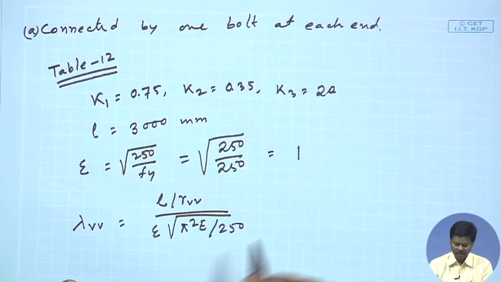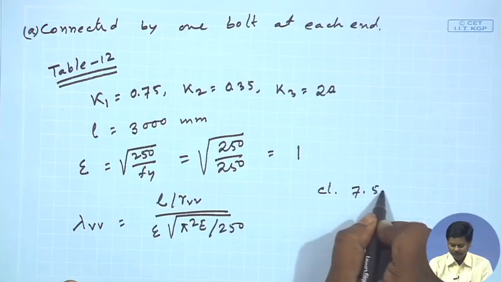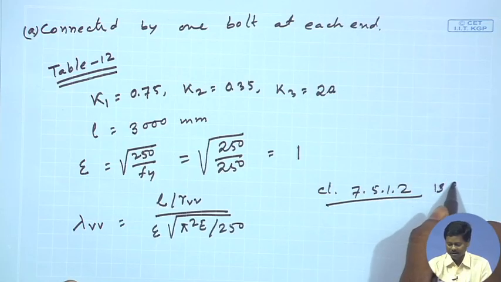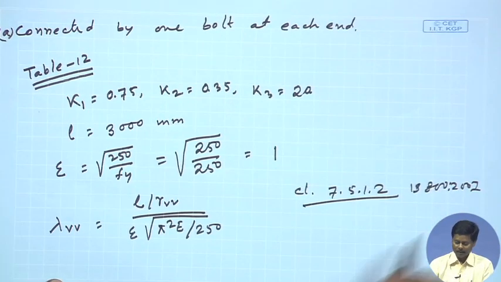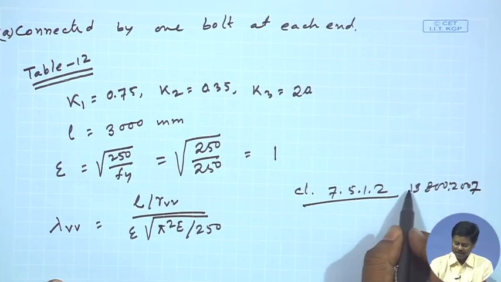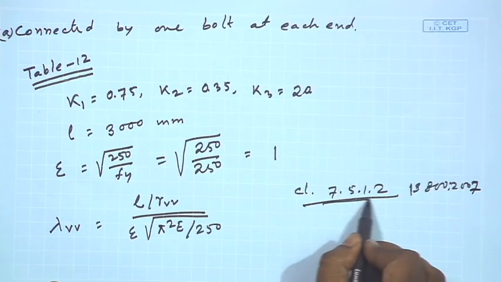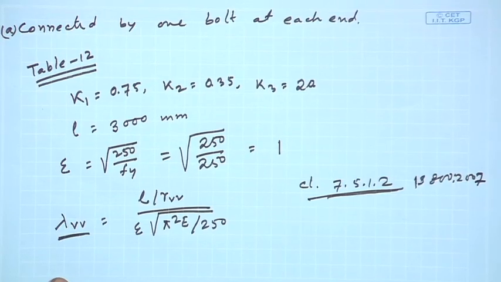This I can find from clause 7.5.1.2 of IS 800 2007. So, from the expression given in clause 7.5.1.2, I can find out the value of lambda Vv.